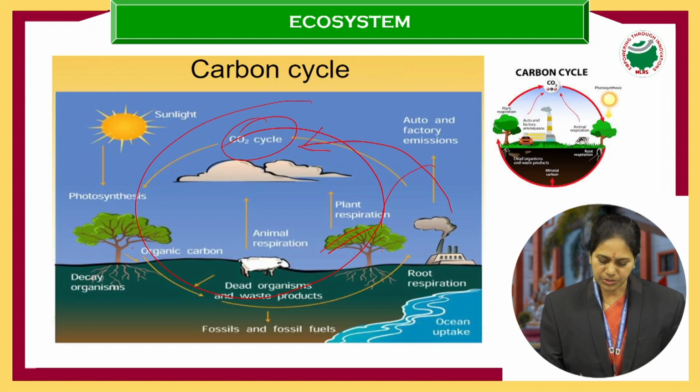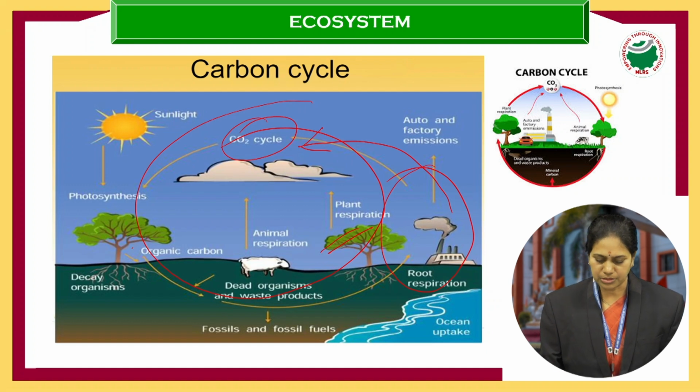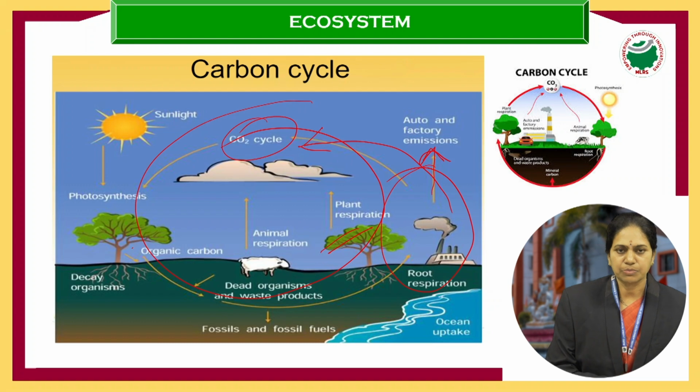But the additional amount of carbon dioxide which we are releasing because of human interference, because of the industrial sector or transport sector, is the main problem we are facing in the rise of temperatures around the world. Why? Because human interference releases lots of carbon dioxide into the atmosphere, and the only organisms which can trap it are the plants.